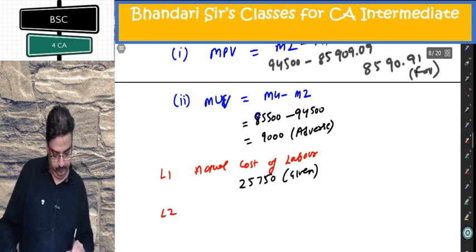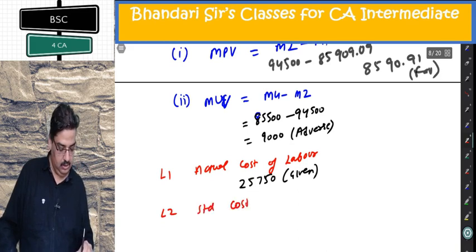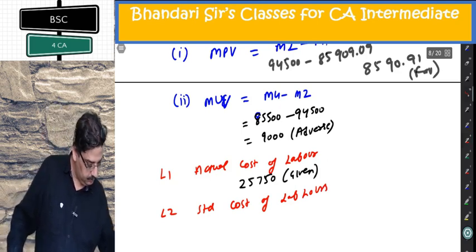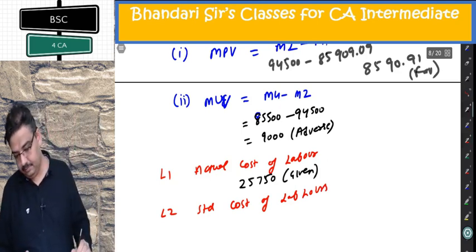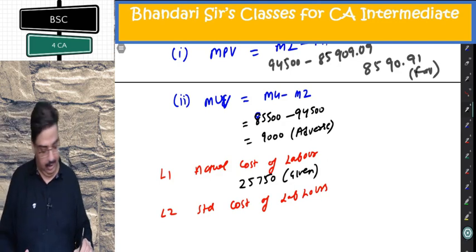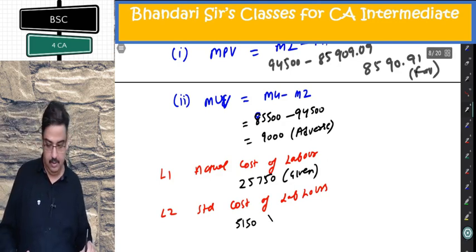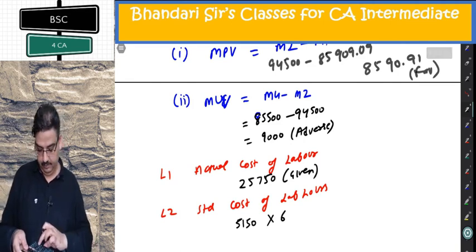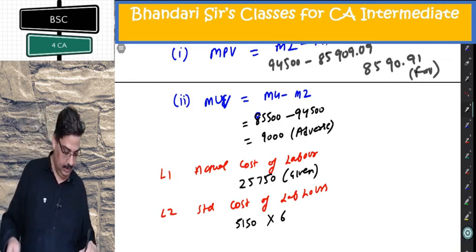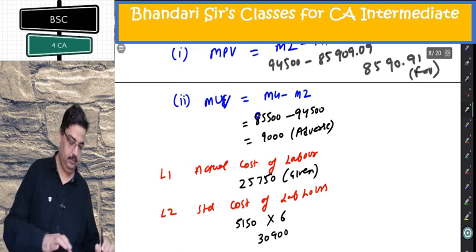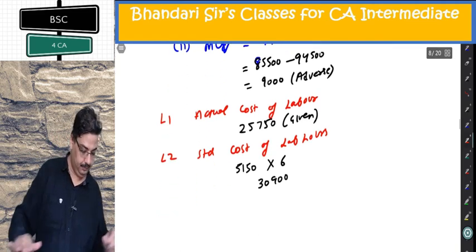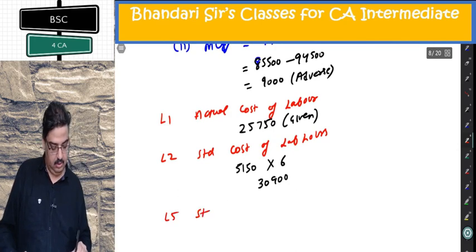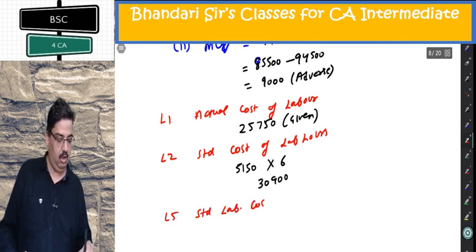L2, standard cost of labor hours. The hours are given, actual 5150, multiplied by standard rate per hour 6. I'm getting 30,900. L5, standard labor cost for actual production.